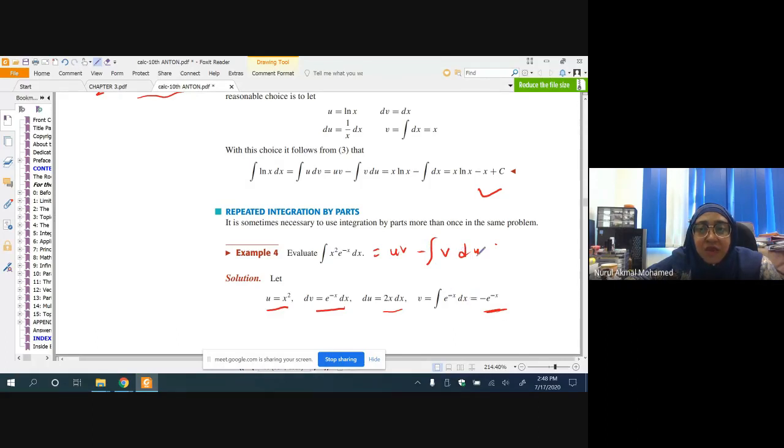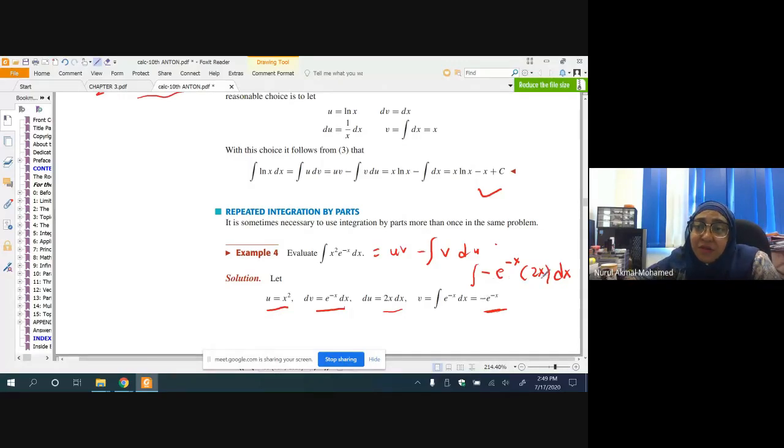So this is your v, negative e to the power of negative x. And what is your du? It is 2x dx. If you look at this integral here, you still cannot solve it because it still involves multiplication of two variables, which is difficult to integrate.